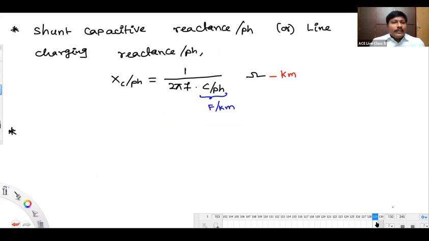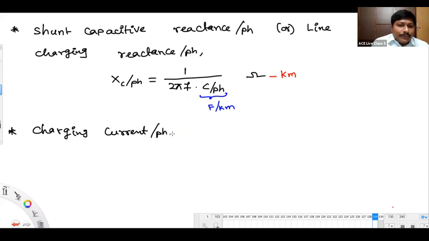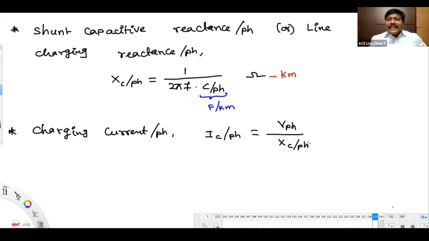So I can say the charging current per phase, IC per phase, will be phase voltage by capacitive reactance per phase. This will be V phase by XC per phase, which is V phase into 2 pi F into C per phase.